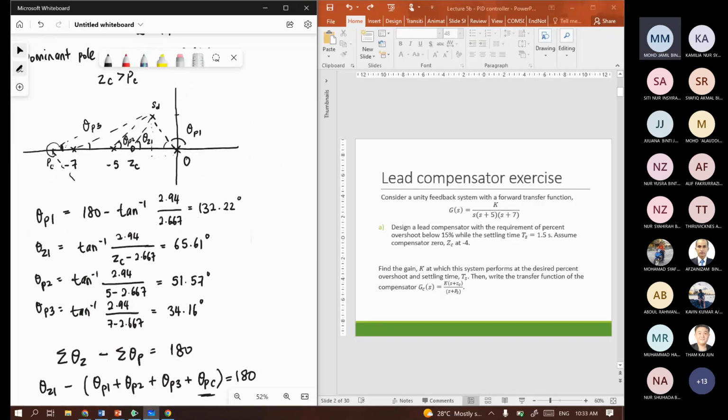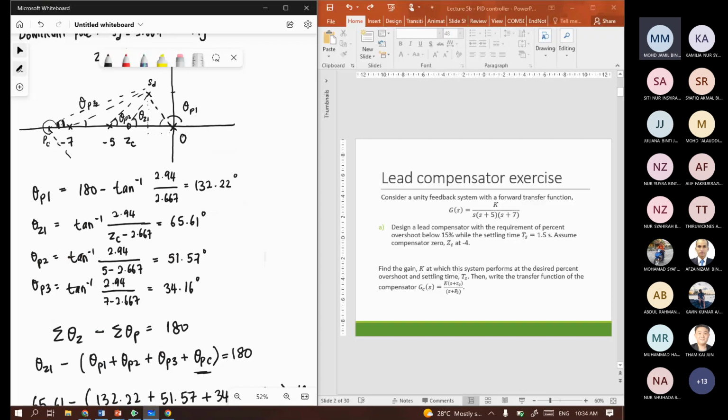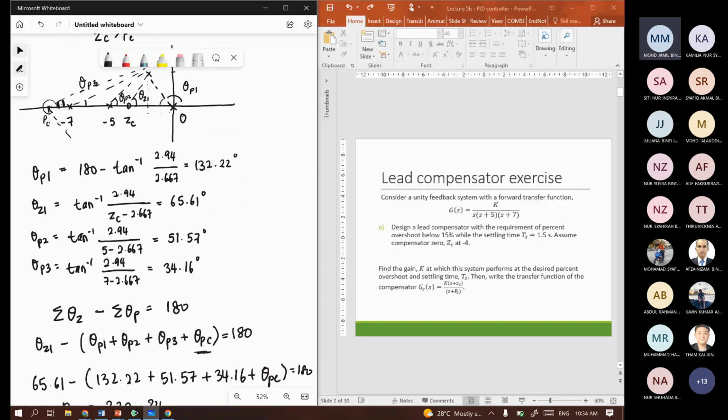So we know that the angle is measured here. Then we can use tangent to find the location of PC.